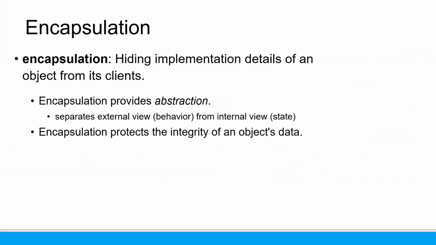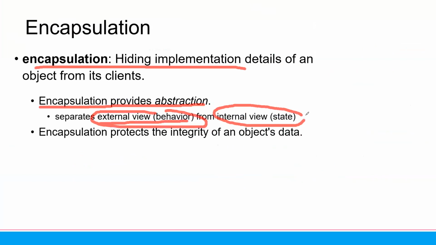You do not want other people to know your password. So it is the same. When you do with this kind of class or the object oriented, you need to use some encapsulation to hide the implementation detail. So the encapsulation provides abstraction. So it will separate the behavior or the external view from the internal view. And the encapsulation protects the integrity of the object's data.